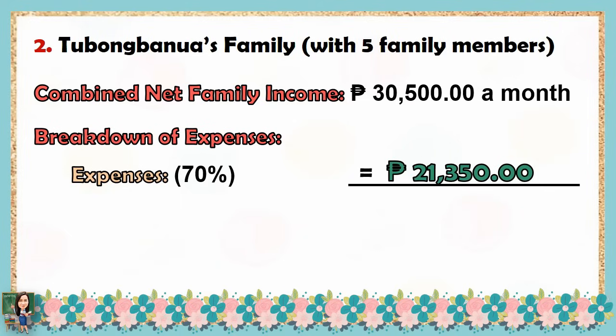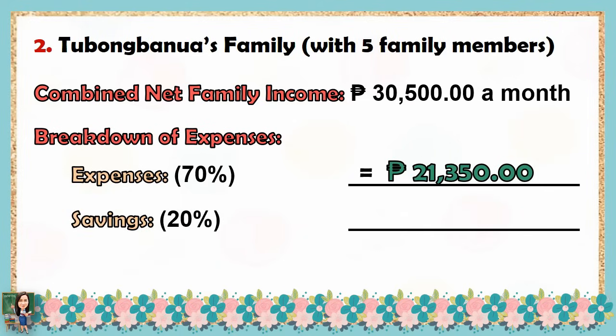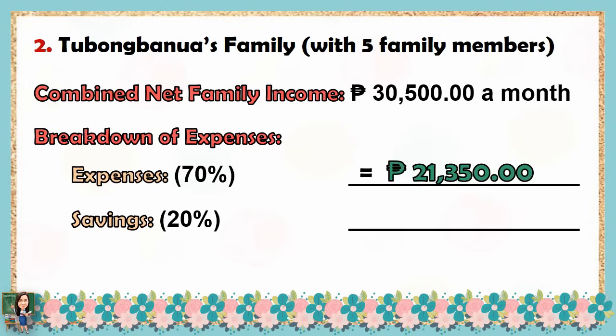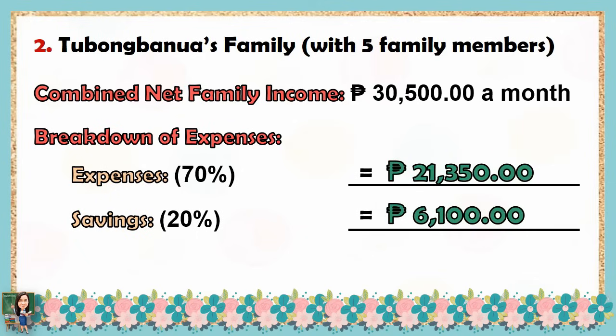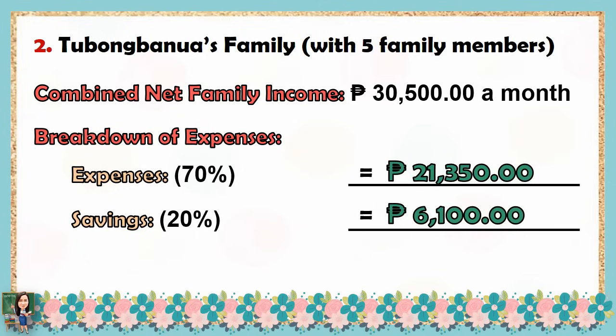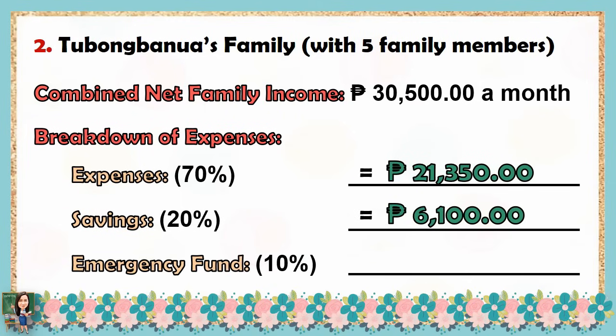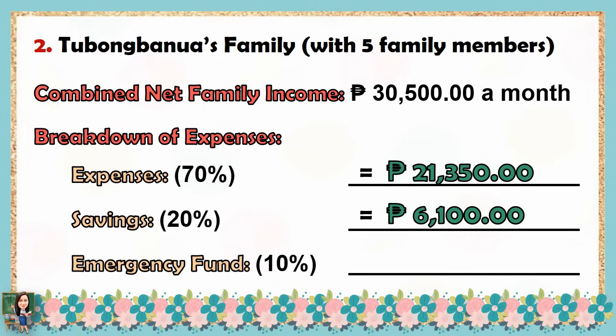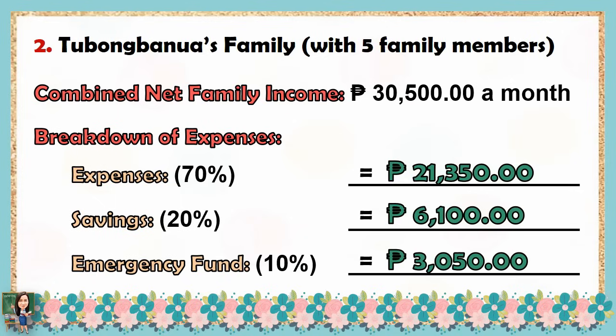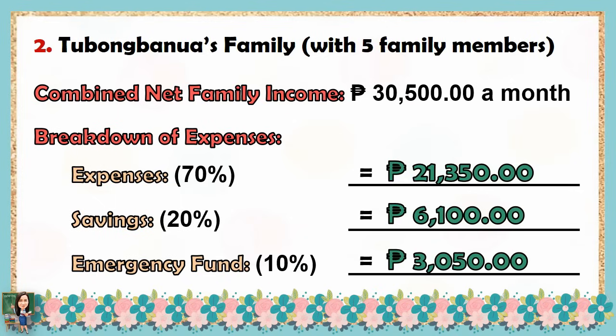This is for their expenses. Savings, 20%. 20% of 30,500 pesos is 6,100 pesos. This is for the savings. Emergency fund, 10%. 10% of 30,500 pesos is 3,050 pesos. This is for the emergency fund.